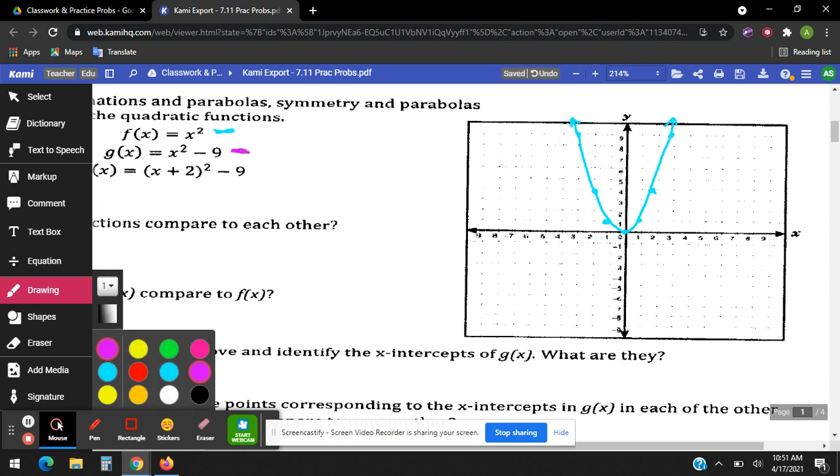Then the next one, let's do in purple. X squared minus 9. So I'm basically taking all of these and going down 9 spots, right? Because 0 squared is 0 minus 9. 1 squared is 1 minus 9, which would be negative 8. 4 minus 9 is negative 5.